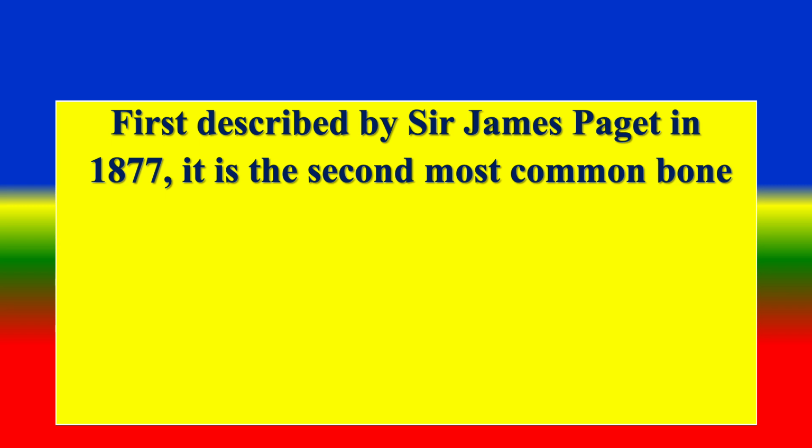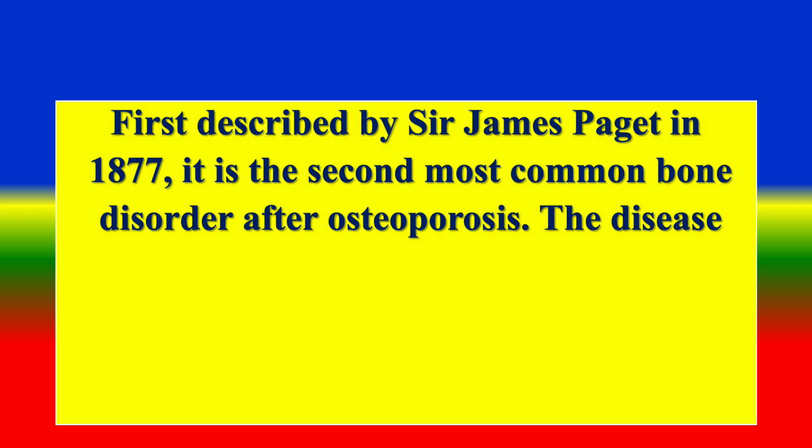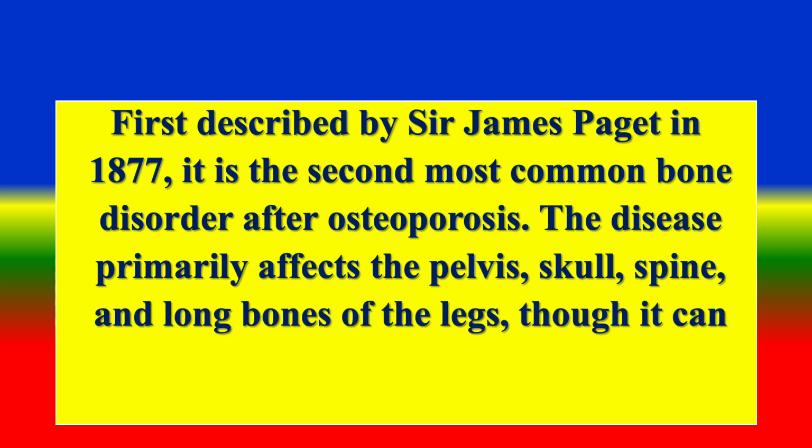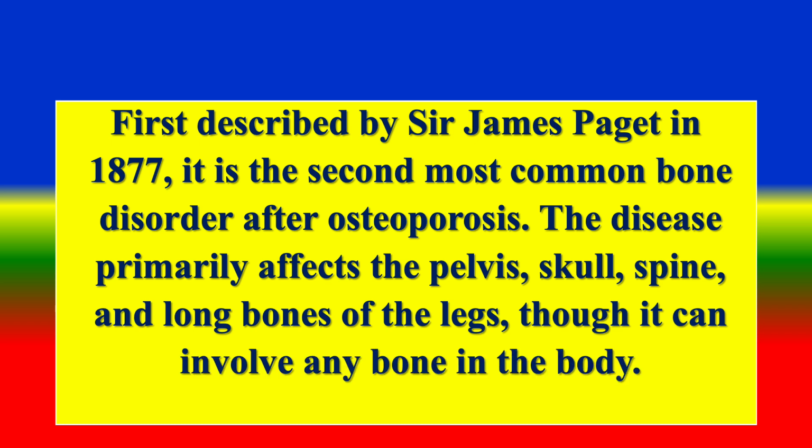It is the second most common bone disorder after osteoporosis. The disease primarily affects the pelvis, skull, spine and long bones of the legs, though it can involve any bone in the body.